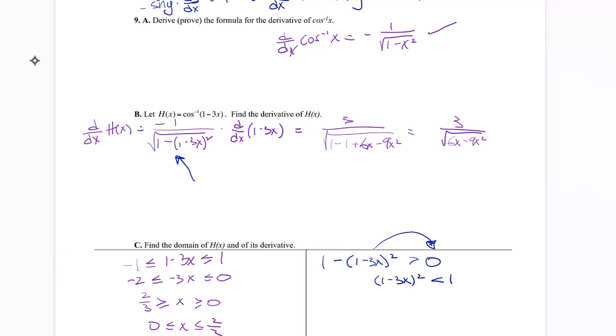But if that's less than 1, the only way that something squared can be less than 1 is if it lives here. And if it's strictly less than, then it has to live inside here. The only things that are less than 1 when you square them are things that live inside that range.